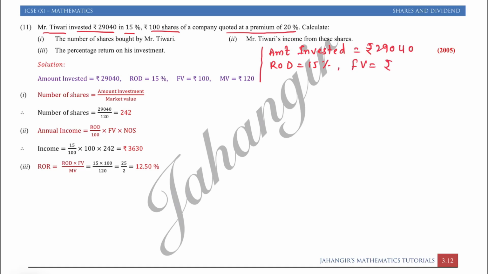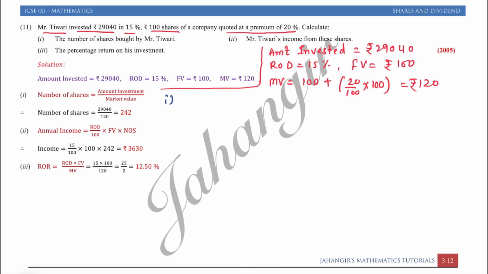Face value is rupees 100 and market value is at a 20% premium. So 100 plus 20% of 100, that is equal to 120 rupees. Calculate the number of shares bought by Mr. Tiwari.